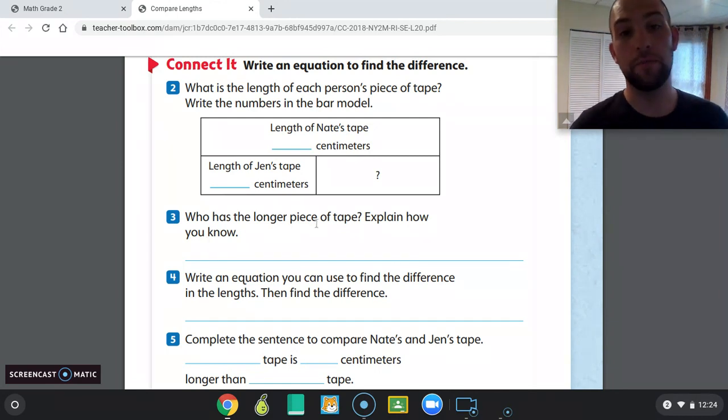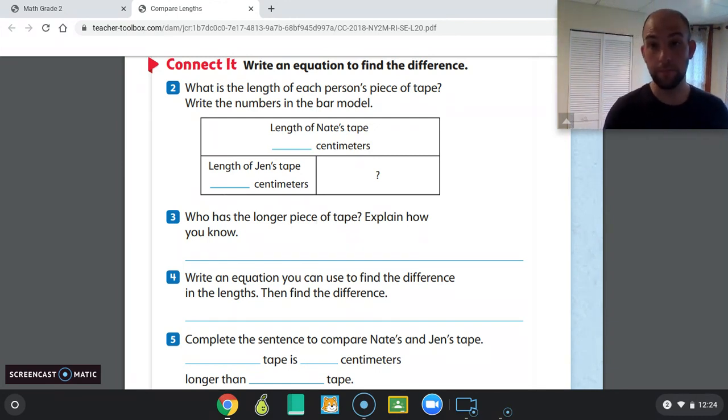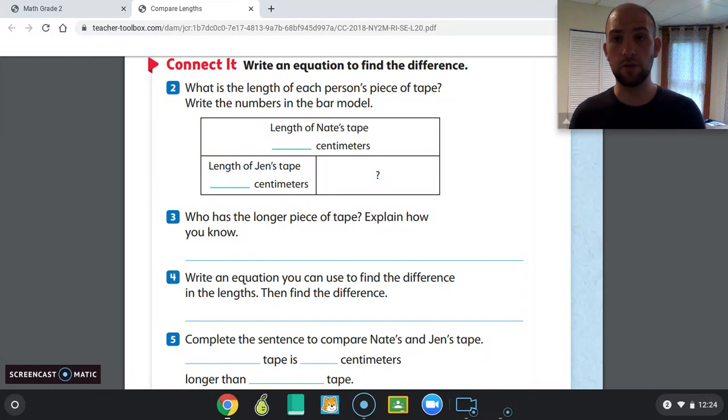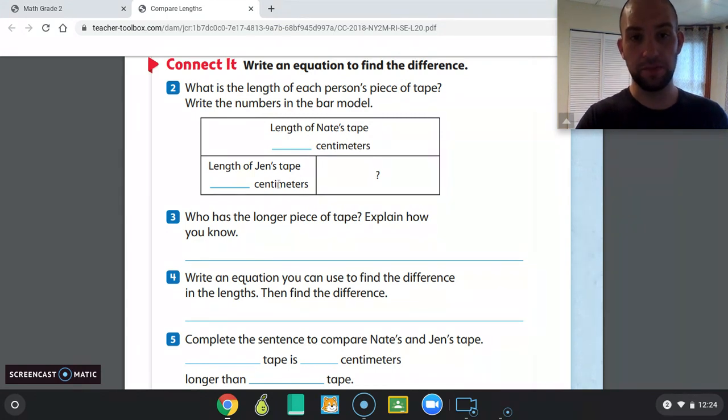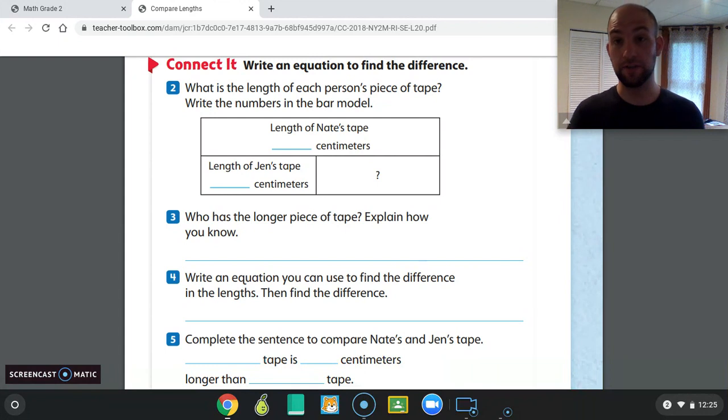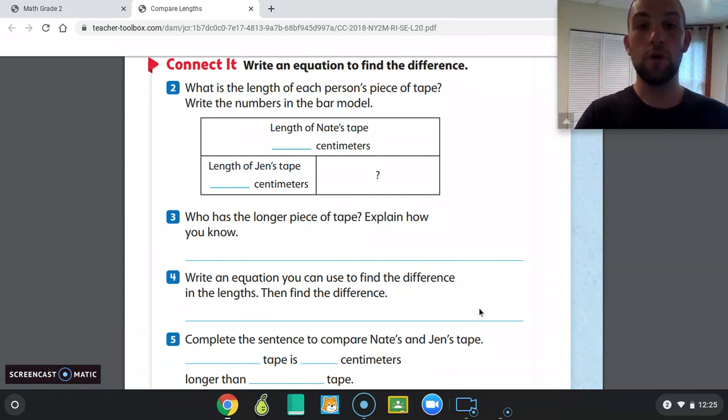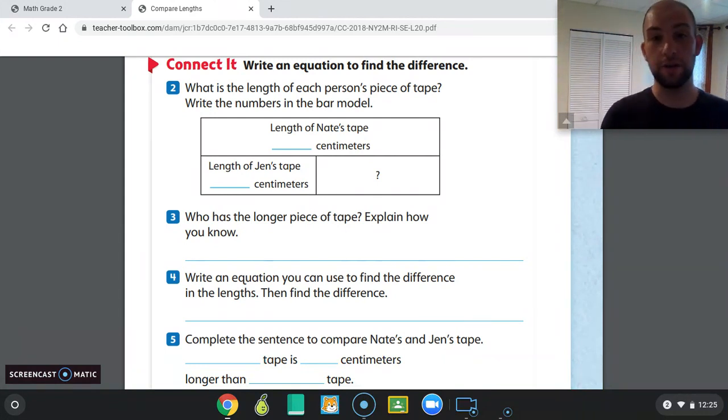So who had the longer piece of tape, and how do we know? Think about that for a second. Is it Nate's piece of tape up here, or Jen's piece of tape down here? Right, Nate has the longer piece of tape. So how can we write an equation that you can use to find the difference in length?